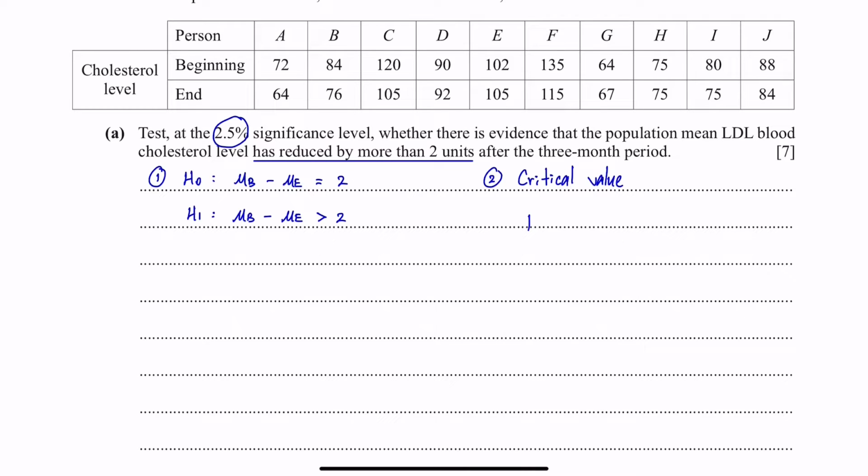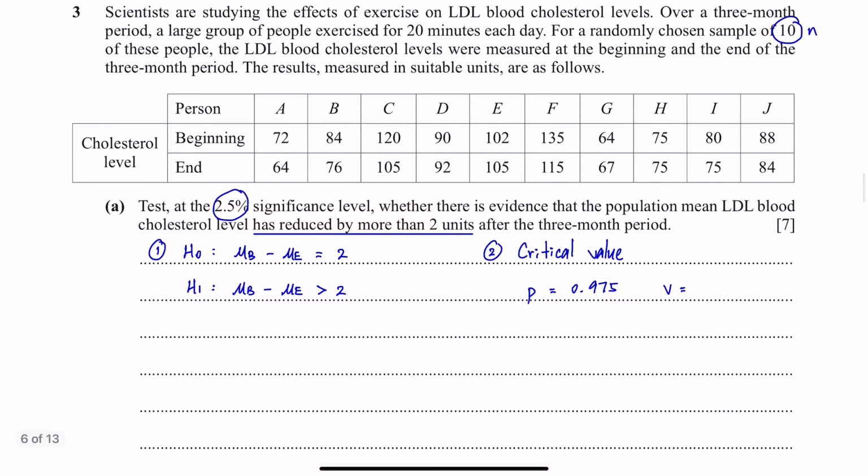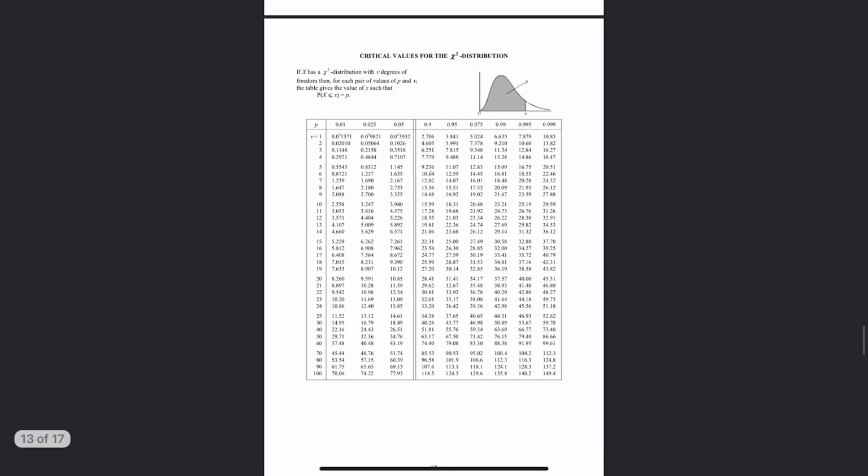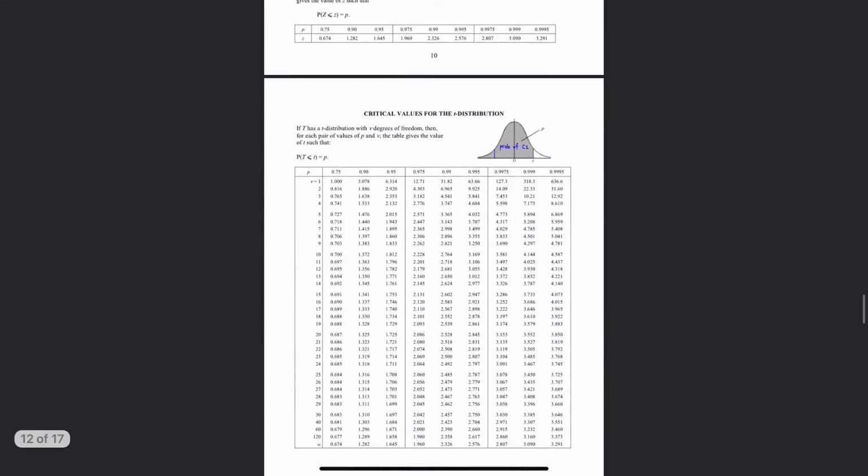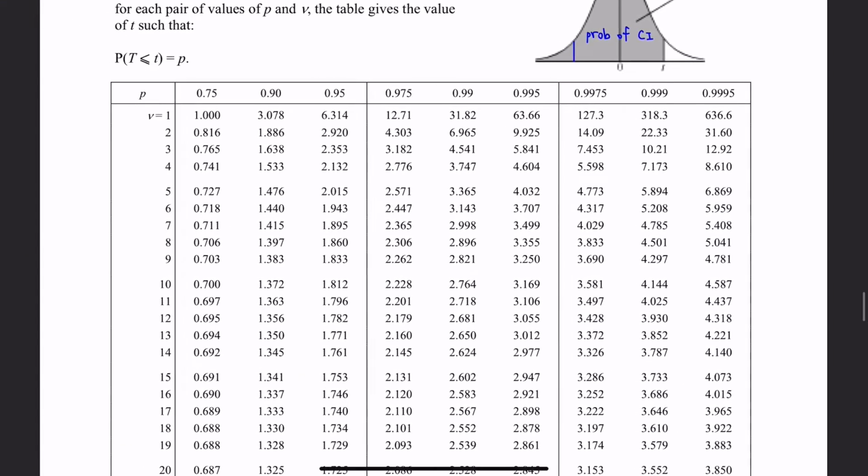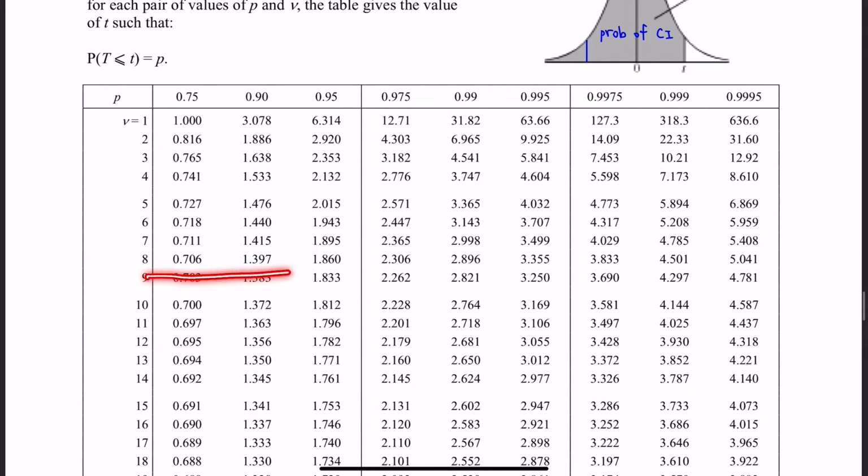So our p-value would be 0.975 and our degree of freedom would be 10 minus 1, which is 9. So our t-value, let's look at the formula sheet. So the t-value would be 2.262.